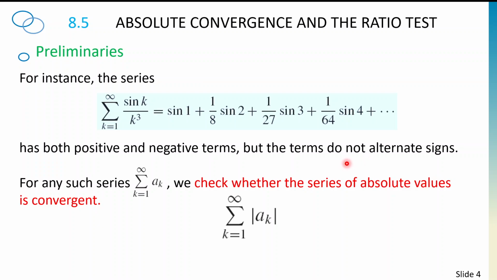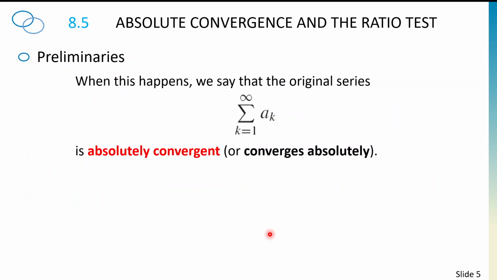They don't have the same pattern as an alternating series. So for this type of question, and even with the alternating series, taking the absolute value solves the issue of negative terms. And then I check again whether it's convergent or divergent by using any suitable test.